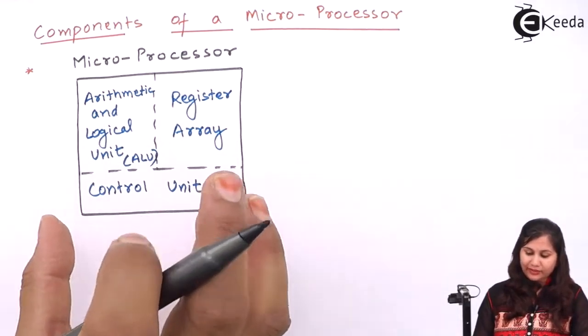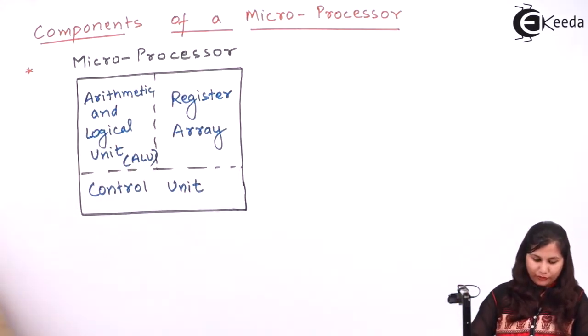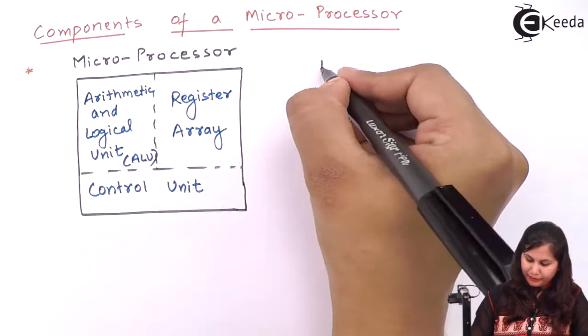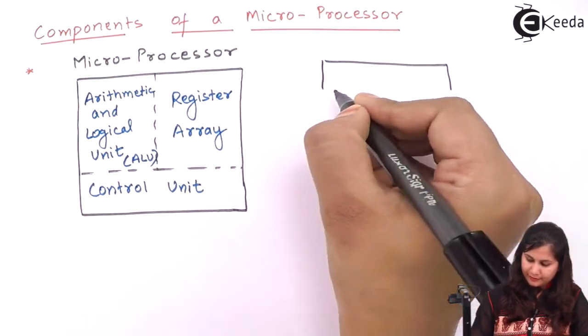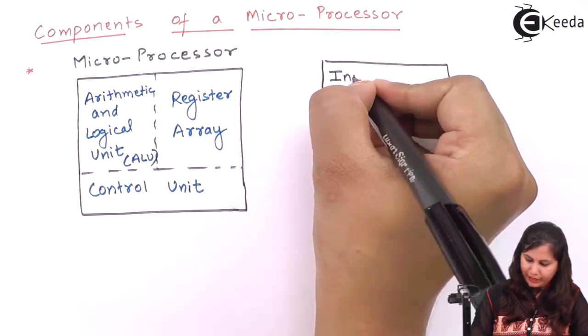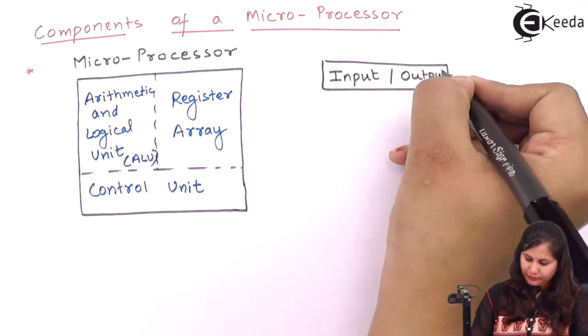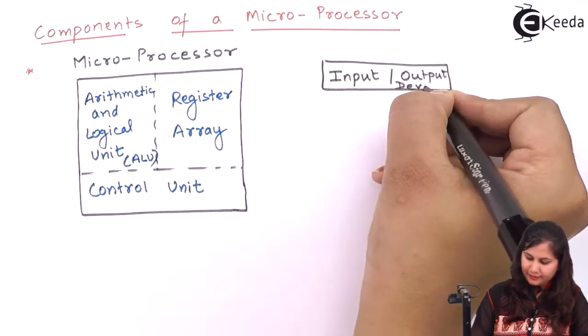Now the microprocessor gets some input and produces the result as output. So here we also have the peripherals, or we can say input and output devices.